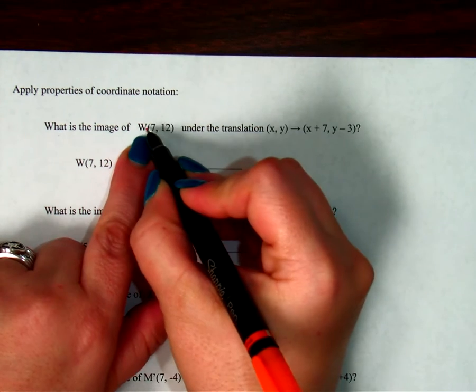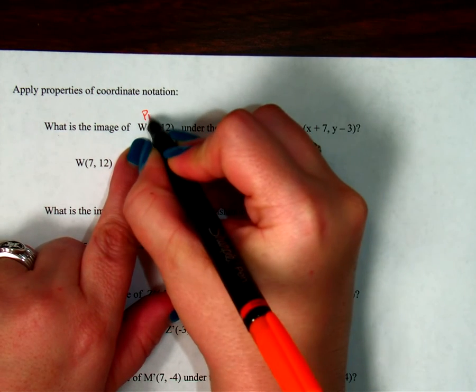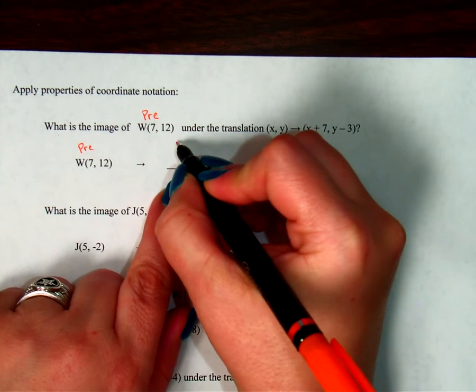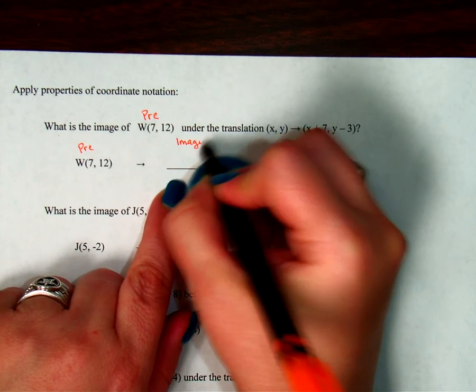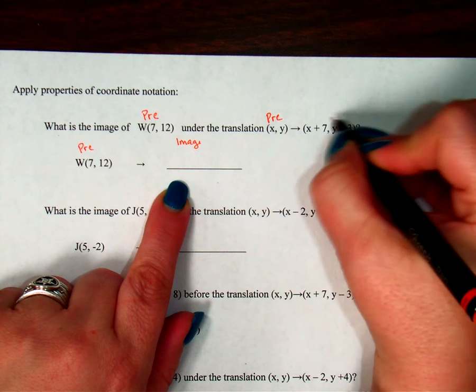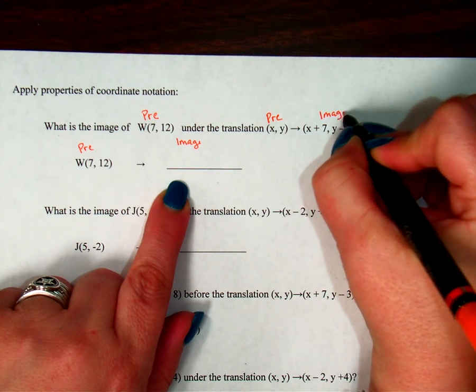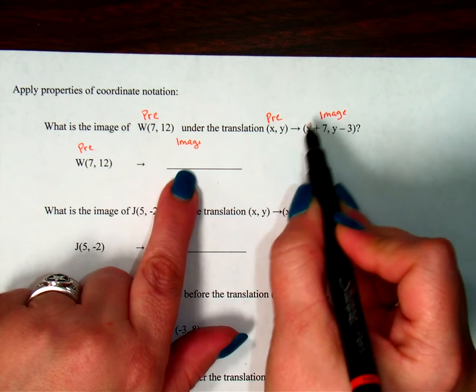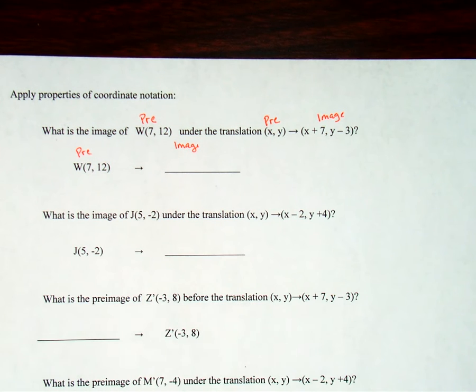So this one does not have a prime on it, so I know this is my pre-image, and I'm trying to figure out what is my image. So remember, this is my pre-image, and this is my image. So to get from here to here, I need to look at what it's asking me to do, right? It's asking me to add 7 to the x value, and it's asking me to subtract 3 from the y value, okay?